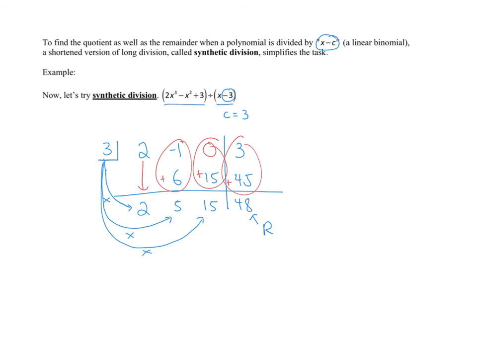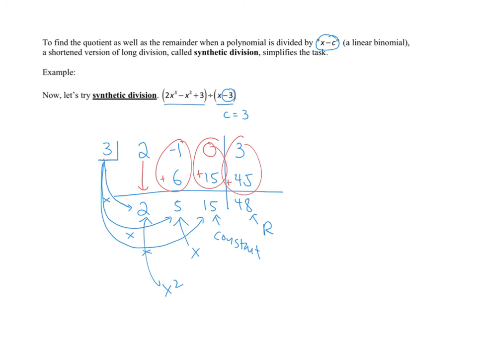And then as you move to the left, your next term is going to be the constant, then the x term, then the x squared, and so on. So our answer, these are going to be the coefficients of our quotient.